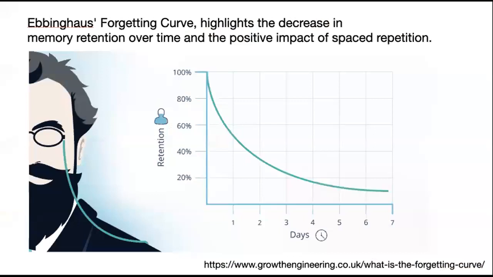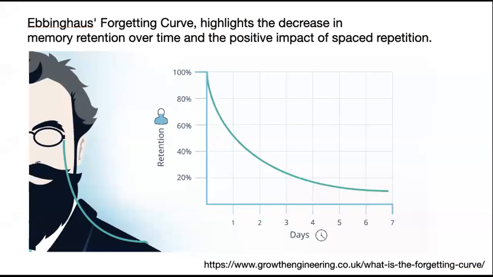Now, this is always an interesting one. When you think about memory and retaining information, we're always reminded of the Ebbinghaus forgetting curve. This is a curve that highlights the rapid decrease in memory retention over time, and also, in counteracting that, the positive impact of spaced repetition.